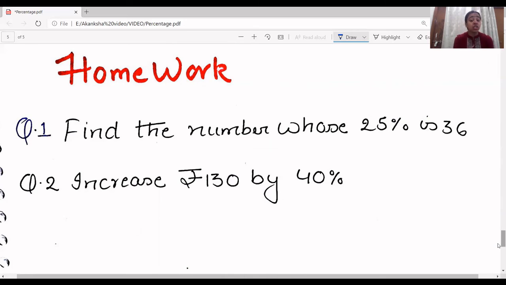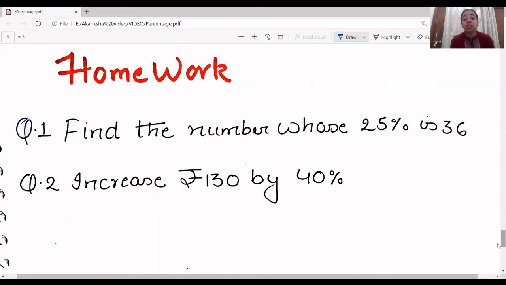The second question is increase rupees 130 by 40%. Now, this question doesn't leave you with just calculating 40% of 130. You also have to add that 40% of 130 to 130. Okay, so let me go slow. See, increasing 130 by 40%: first you have to calculate what is 40% of 130.